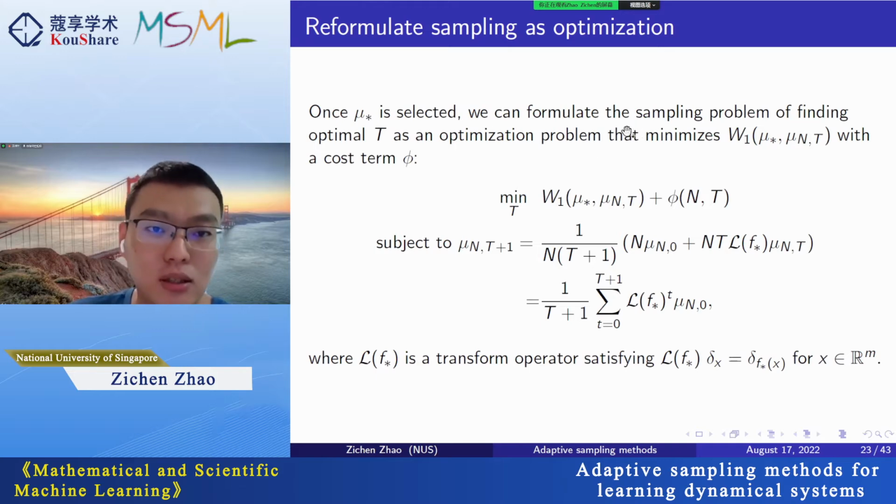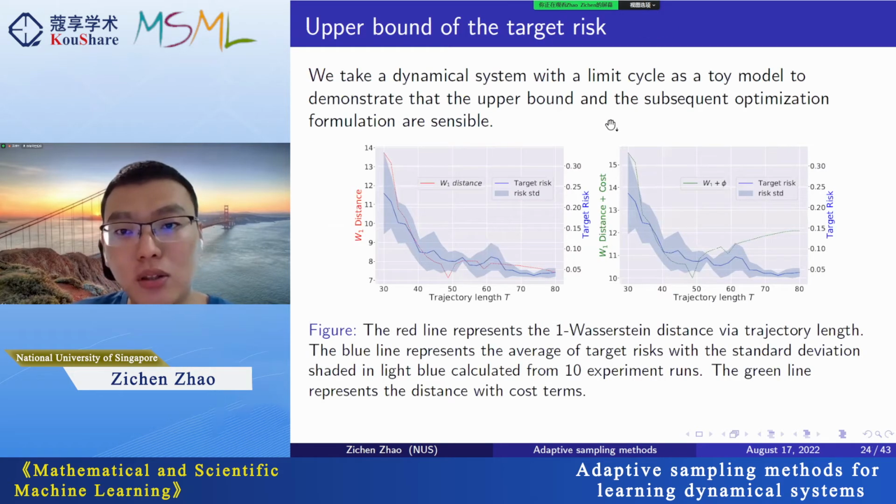Here we take limit cycles as the toy models to demonstrate that the Wasserstein target risk and the optimization formulation are sensible. In the left figure, we have two curves.